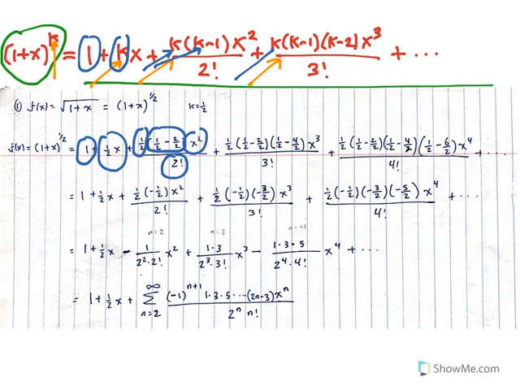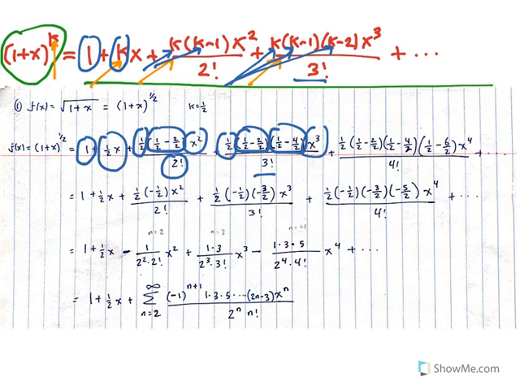Then we have k, which is 1/2, times (k minus 1), which is 1/2 minus 1. We can write 1 as 2 over 2, times (k minus 2), which would be 1/2 minus 4 over 2, over 3 factorial, times x cubed.